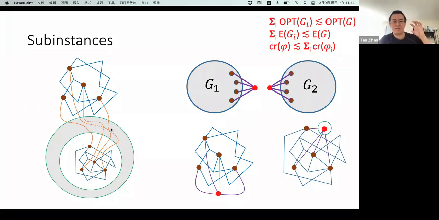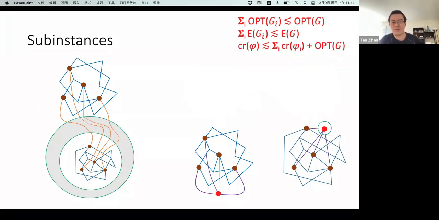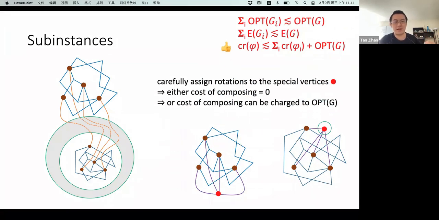One technical part of this algorithm is that, recall, we have the freedom of defining the rotation at this special vertex and that special vertex. We do it in a very careful way, such that when we combine these drawings, either no crossing at all happens in this annulus, or the number of crossings happening in this annulus can be charged to the optimal solution, the CR of G.